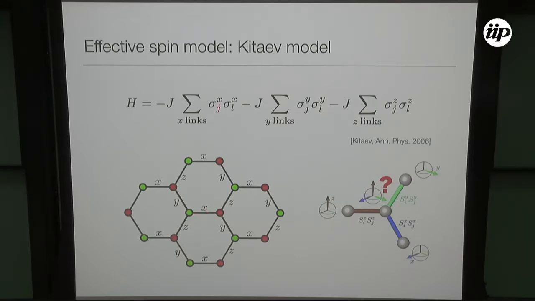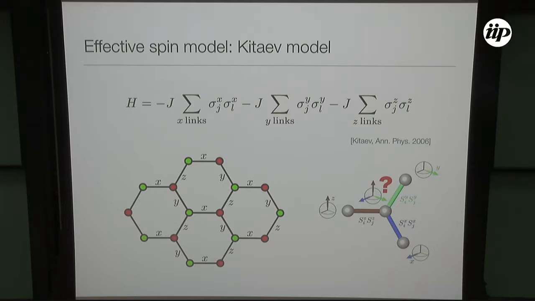When you look at the interaction between nearest neighbor spins, say these 2 here, you would switch on sigma X interaction because it's the X link. But if you look along this direction between these 2 spins, you switch on sigma Y, and so on. And you cover the lattice with this kind of local Hamiltonian. The interesting thing is that the honeycomb lattice is bipartite, so it's not geometrically frustrated.